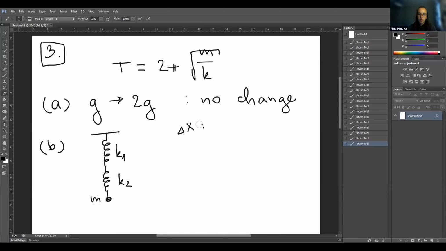I'm going to remove that just to not confuse notation, but we can use that. And also the idea is that when the mass is hanging on both of them in series, the force it exerts on them is the same force exerted on both springs. So it's pulling them together.